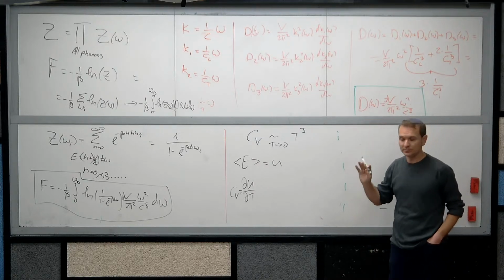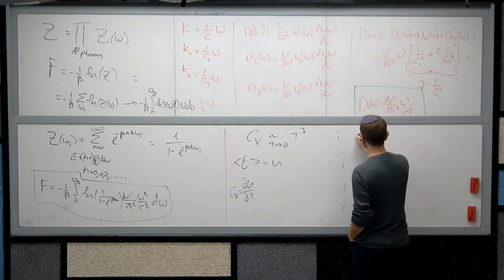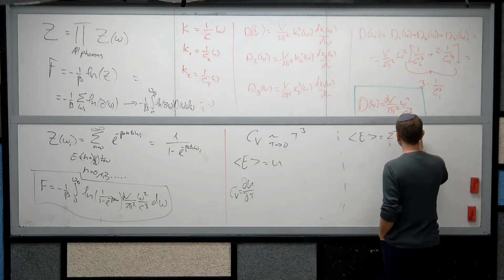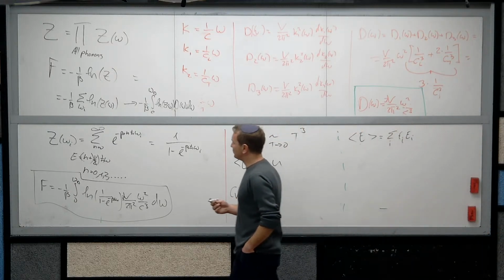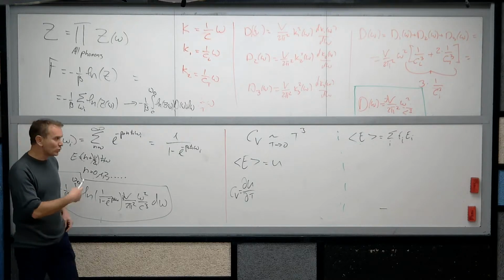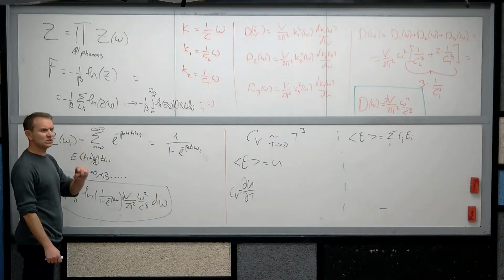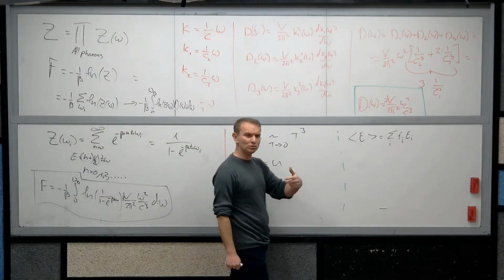I know that any average E is a sum over i of f_i E_i. Now here I can compute the average energy for a given omega, and then perform the integration over all the possible omegas. Of course I can give you the formula that relates the free energy to the average energy, but I don't want to do this. I want to go over again this procedure of how we compute different averages.